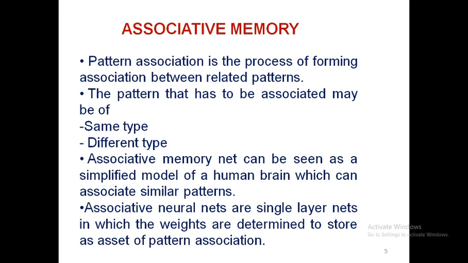Nets is nothing but networks, or single layer neural network models. And here the weights need to be determined to store that particular set of pattern associations. So corresponding to that particular weight set, there is one particular mapping between the input pattern and output pattern.